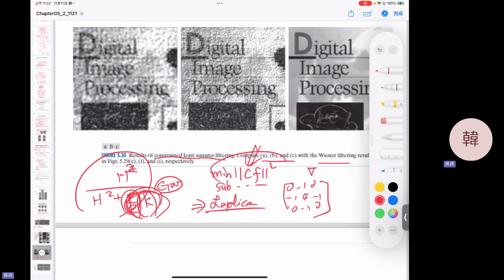If you look at the image processing in chapter 3, I think, yeah, you have this filter like this one. The Q can change to this one.